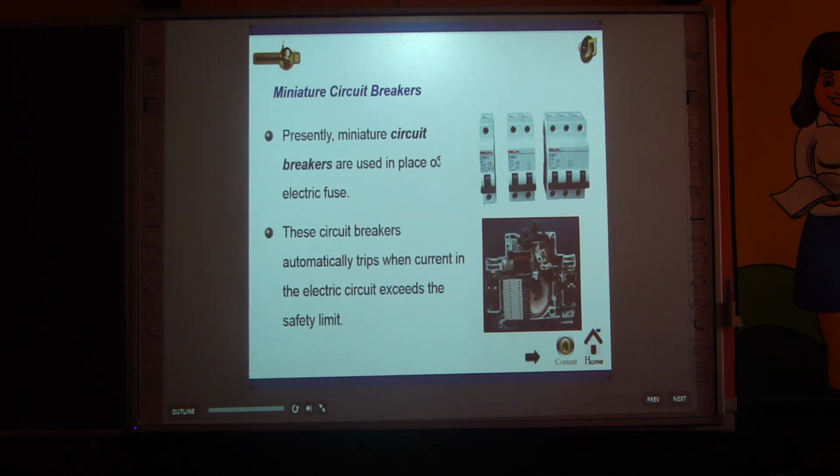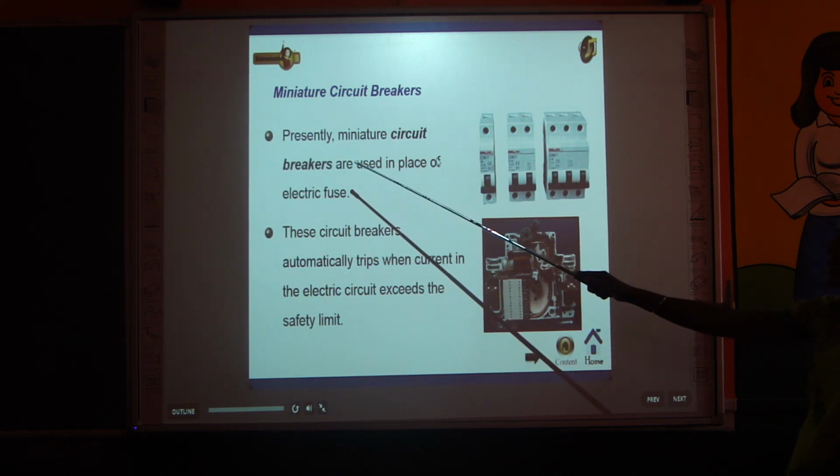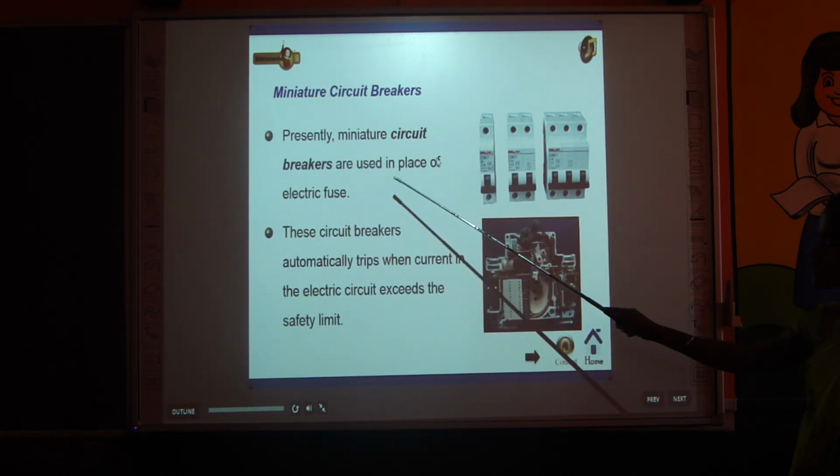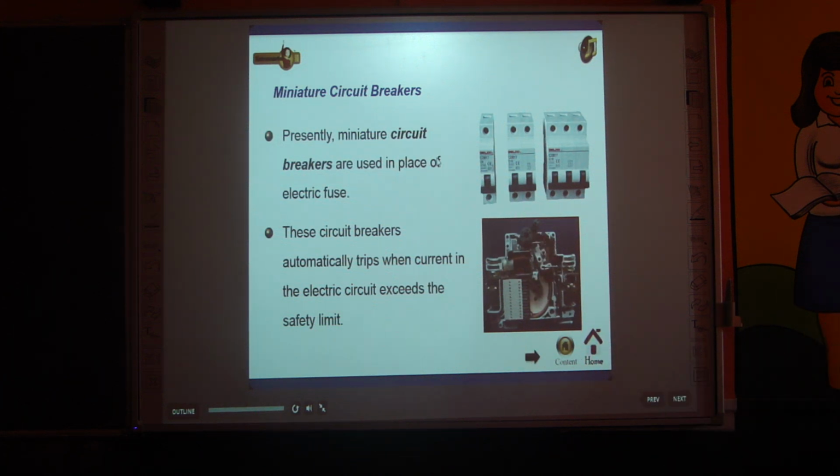Okay, so in present days, we are using miniature circuit breakers. See, this is called a miniature circuit breaker. Presently, miniature circuit breakers are used in place of electric fuses. These circuit breakers automatically trip when the current in the electric circuit exceeds the safety limits.